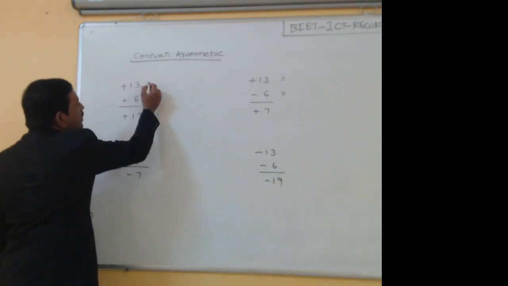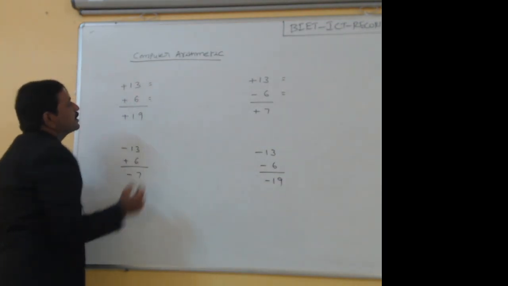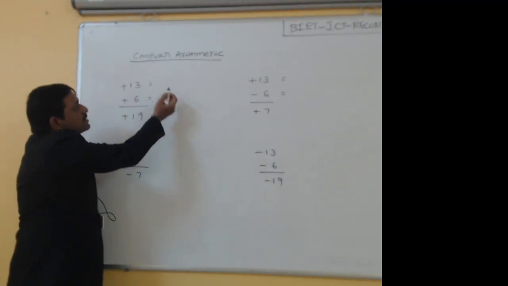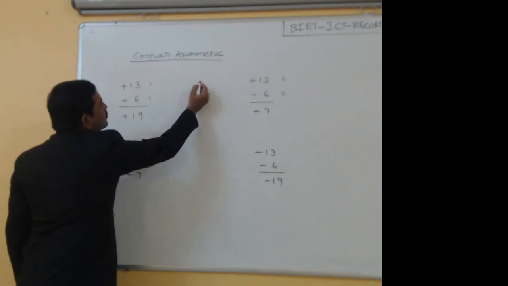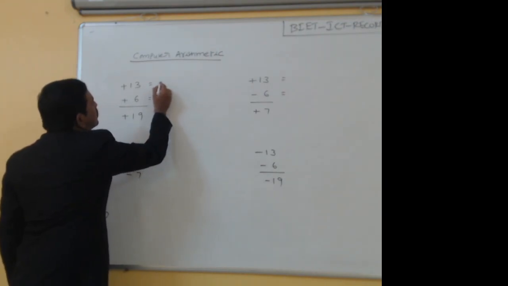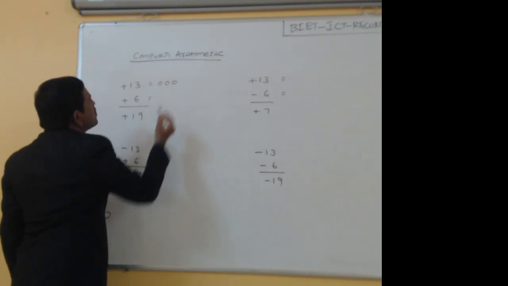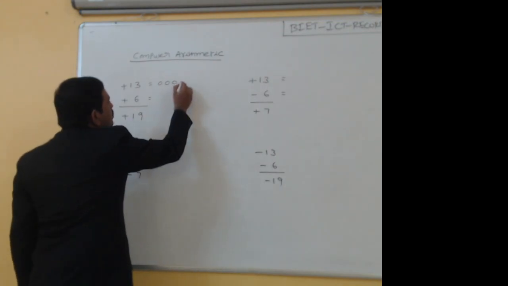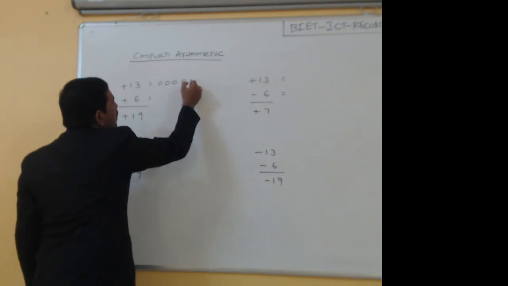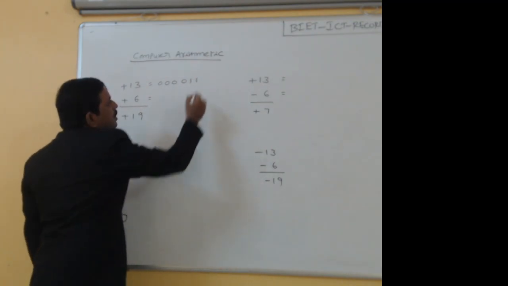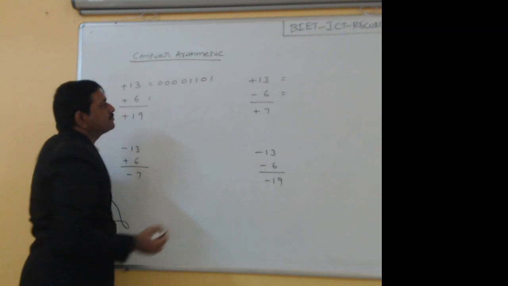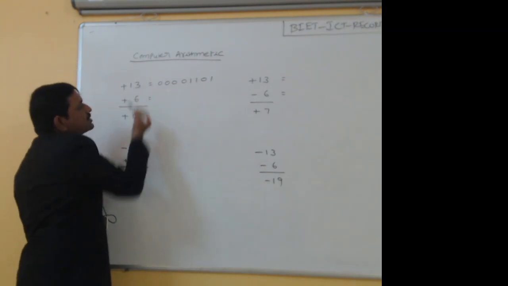Then it can be represented in binary form. What is the value of plus 13? It is 00001101, that is 8 plus 4 plus 1, equivalent to plus 13.